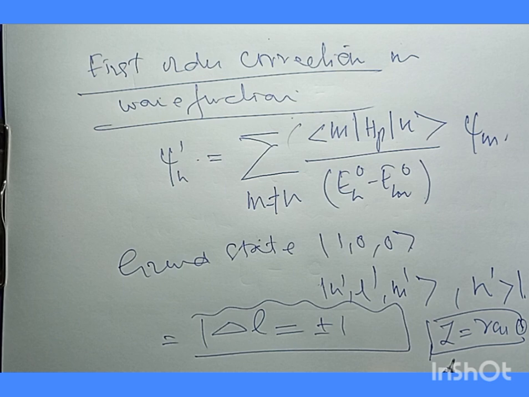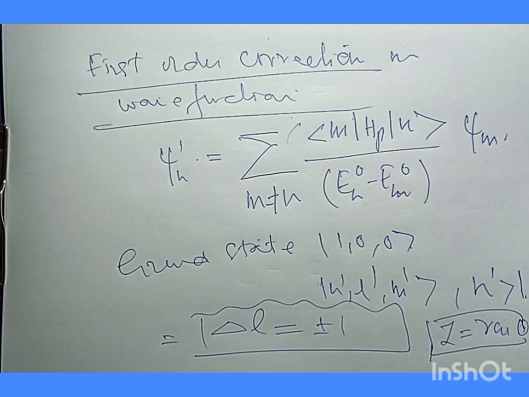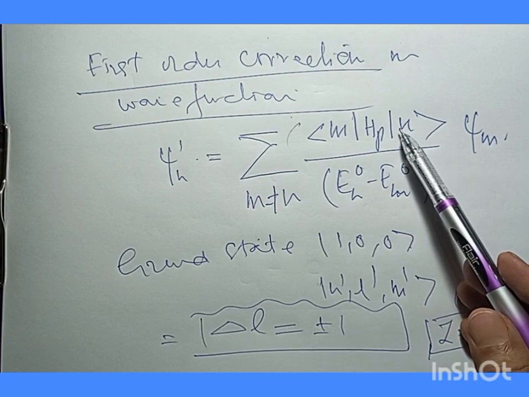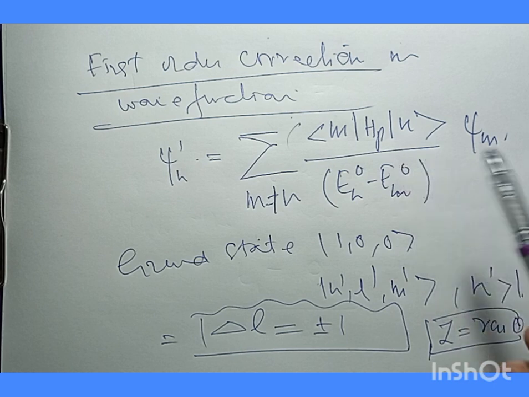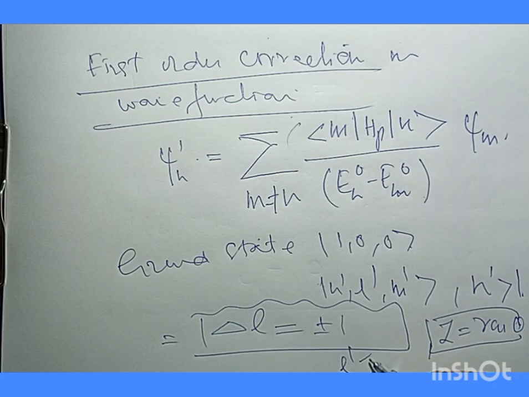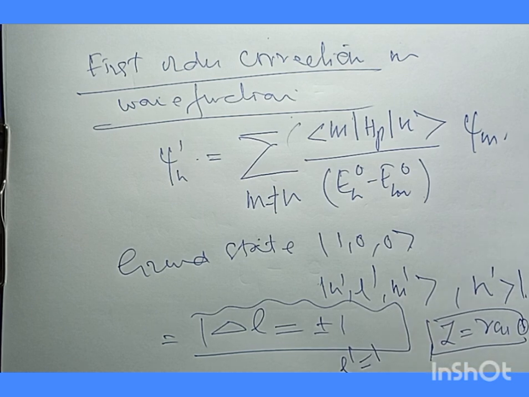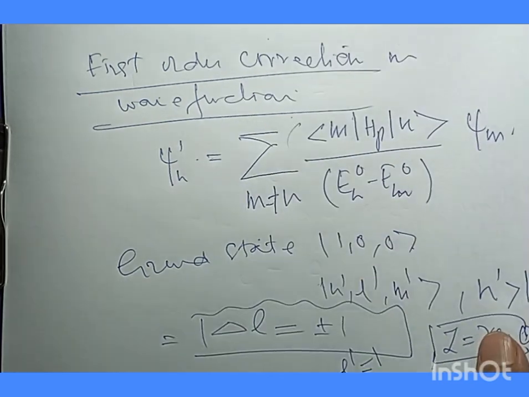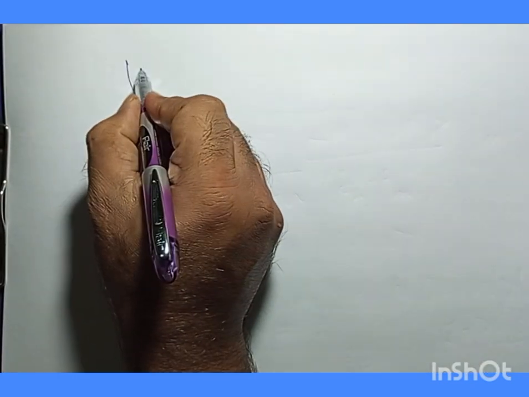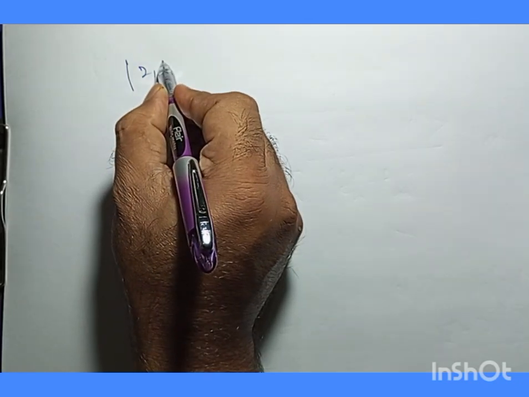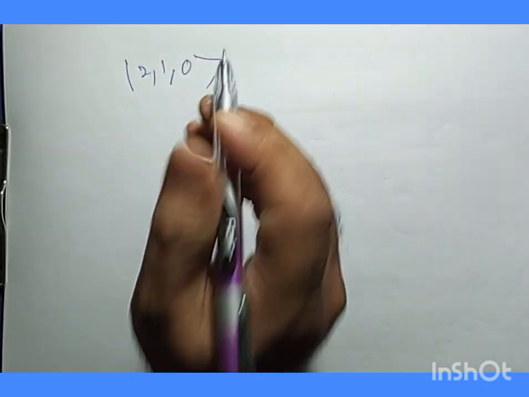So I can say here that the only non-zero contributions come from the state where L dash is equal to 1. For simplicity, we will consider only the first case, which will take me to the excited state of 2, and then I'll have L equal to 1 and m equal to 0.